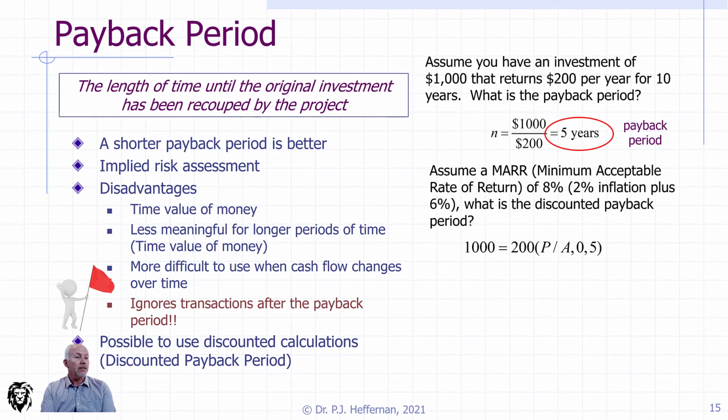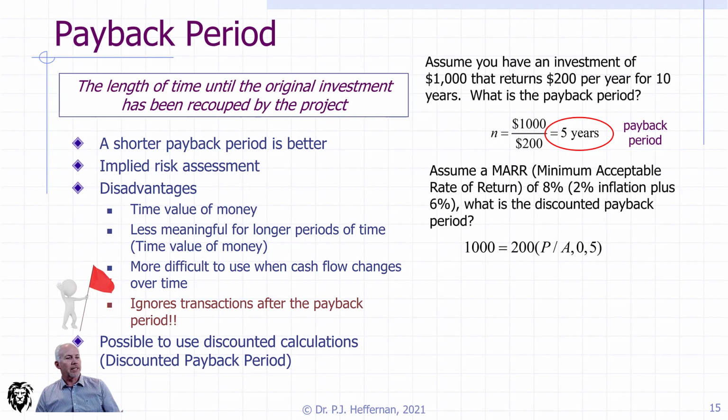So in this case, using a minimum acceptable rate of return of 8%, we want to compensate for the 2% inflation plus an additional 6% profit on our investment. And it asks, what is the discounted payback period in this discounted cash flow? So in this case, there's of course a number of ways we could do this.